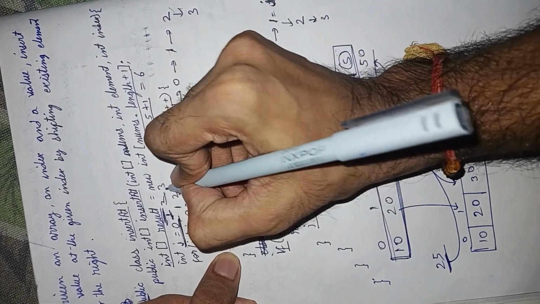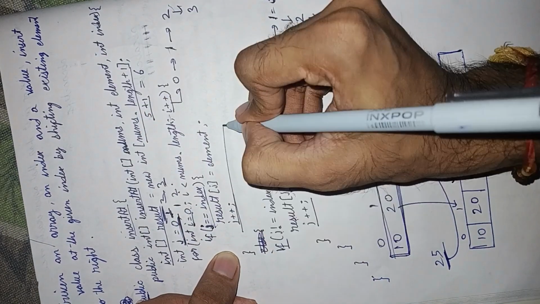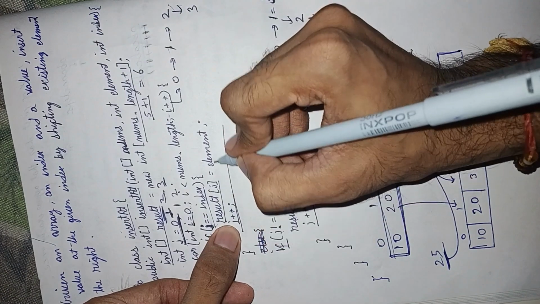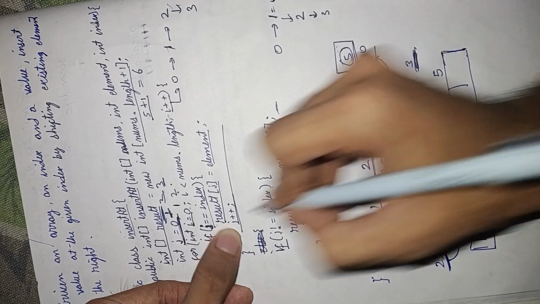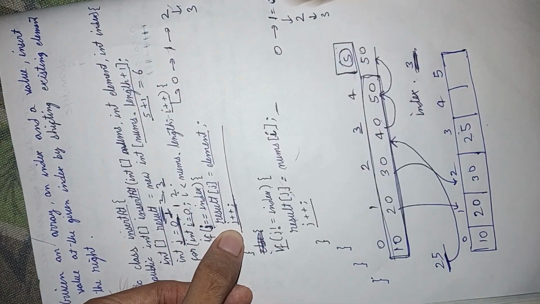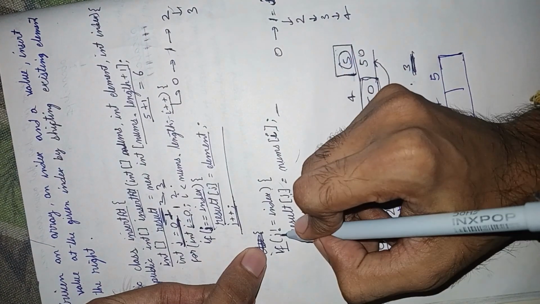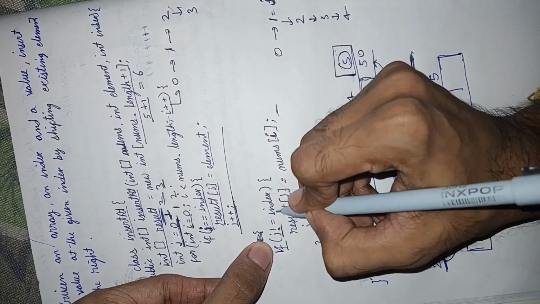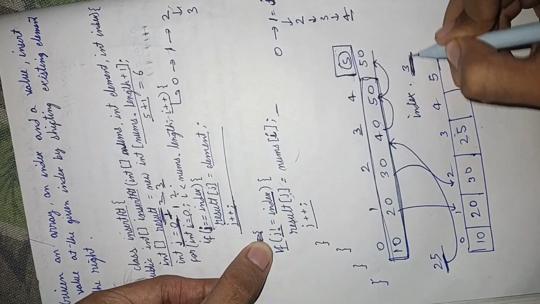Now 3 equals 3. So this will be executed. Result j equal to element, means on the third place we will get the value, and j will increase to 4. Now is j not equal to the index? 4 is not equal to 3.